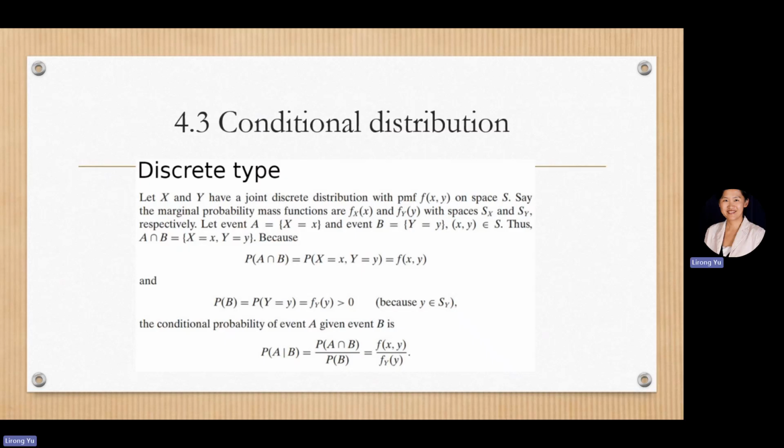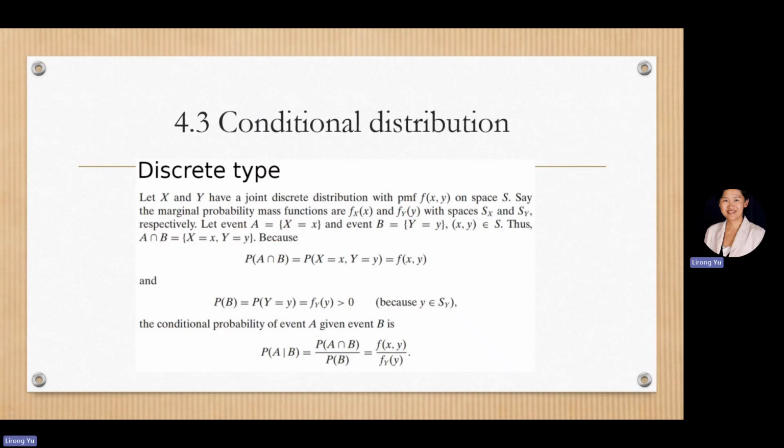So if you want to find the single variable probability, that will be the marginal distribution function. If you divide the joint density by the marginal density, that is the conditional probability of A conditional on B. So that gives us the definition for the conditional distribution. That's joint distribution divided by the marginal distribution.